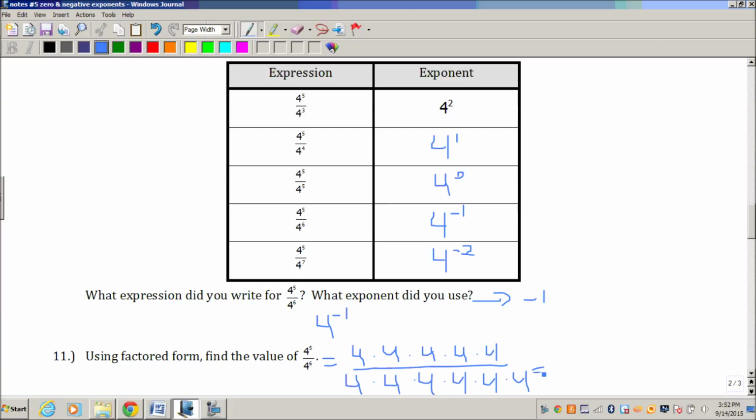So when we cross cancel these, 4 divided by 4 is 1, this is 1, this is 1, this is 1, this is 1. So in the numerator, everything cancels, so we just have left 1. In the denominator, we have 4, 1 times 4. So this is equal to 1 divided by 4, or just 1/4. So 4 to the negative 1 power is equal to 1/4.